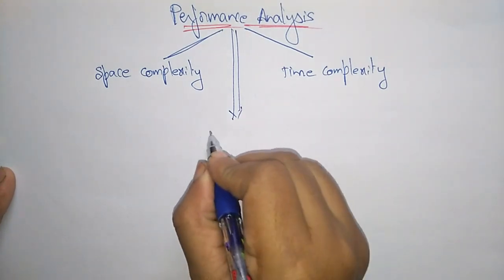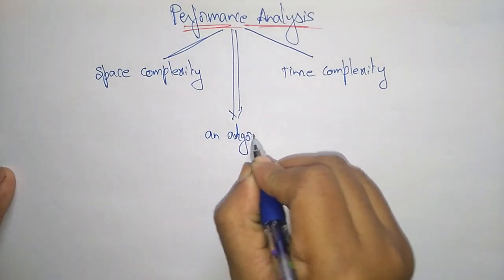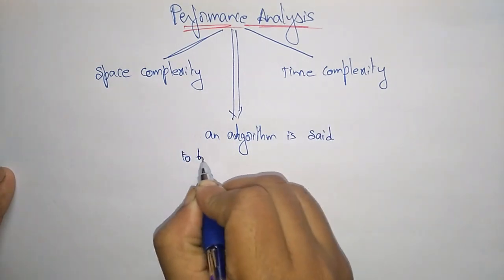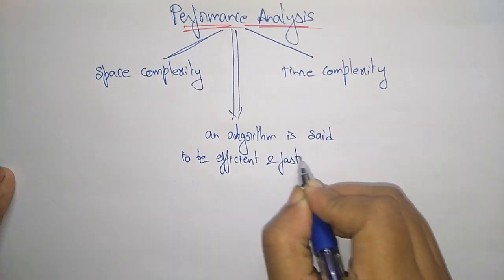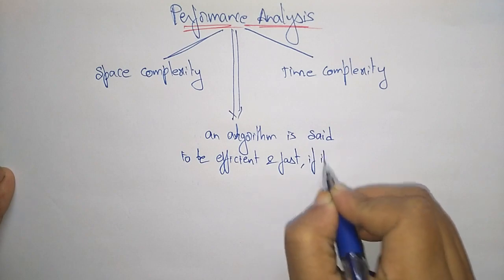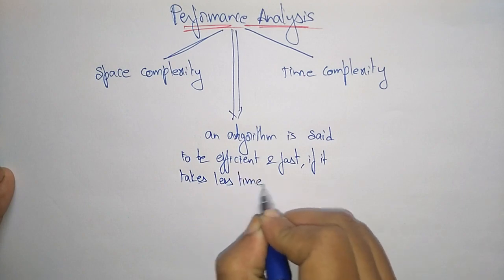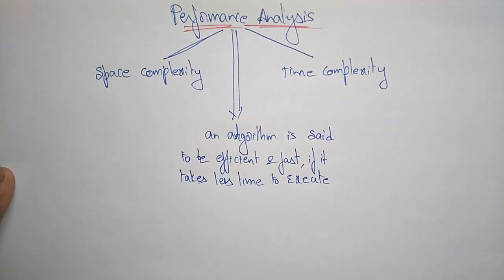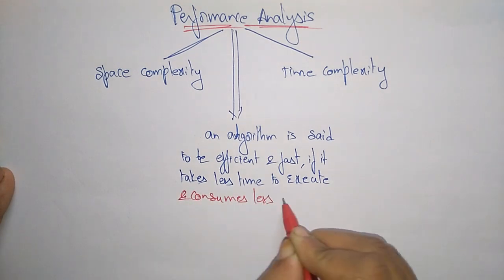An algorithm is said to be efficient and fast when it takes less time to execute and consumes less memory space.